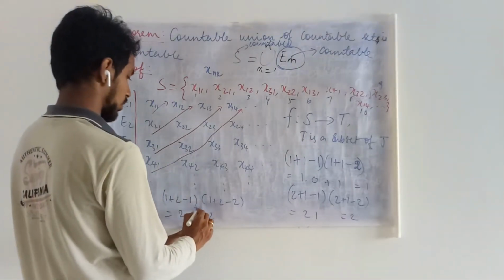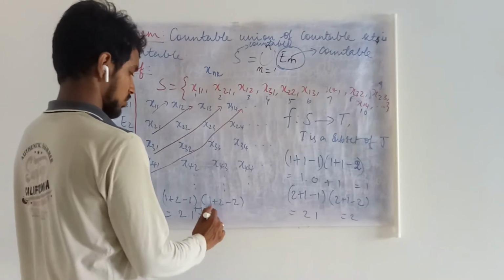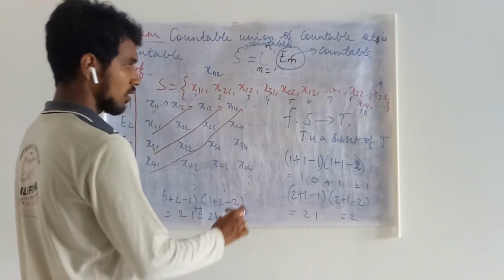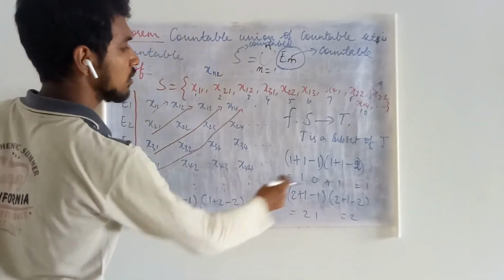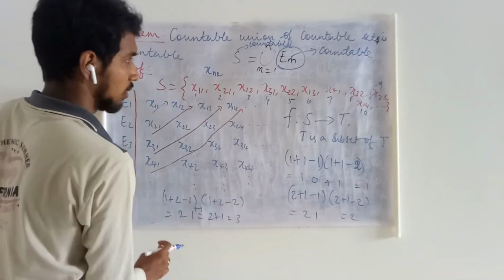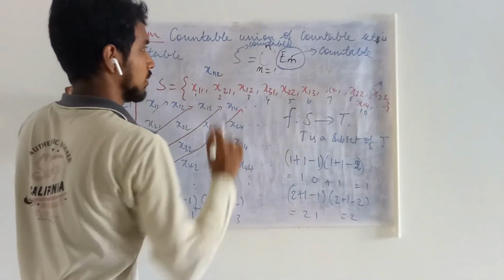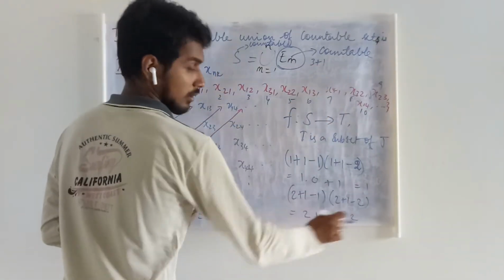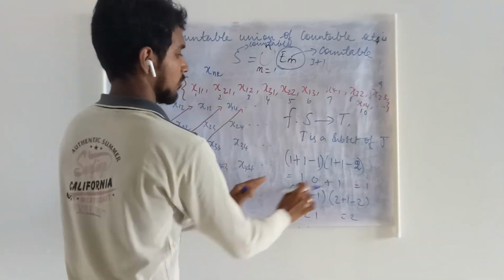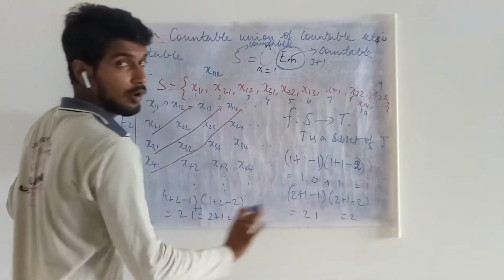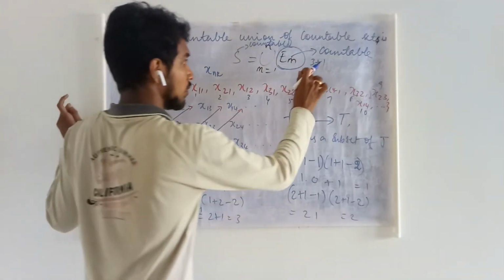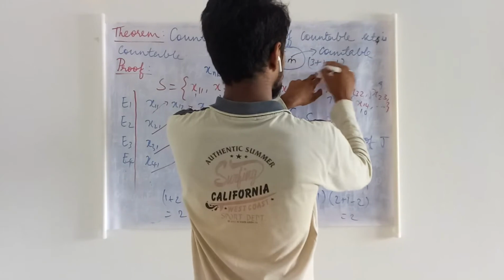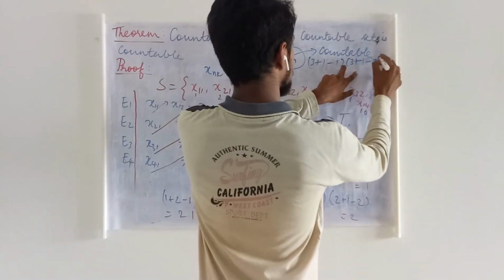Let me add 1. So I get 3. As of now, this is going good, right? Let me go for this case. So 3 plus 1 minus 1, 3 plus 1 minus 2.